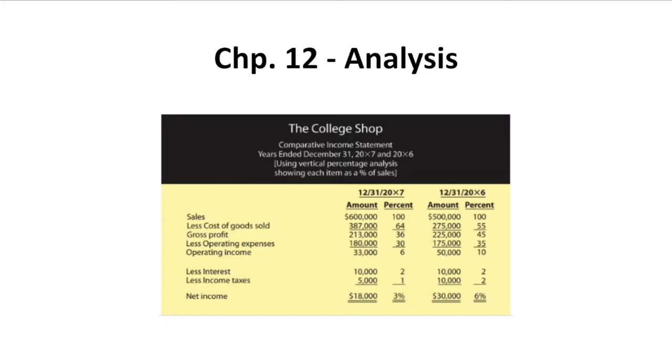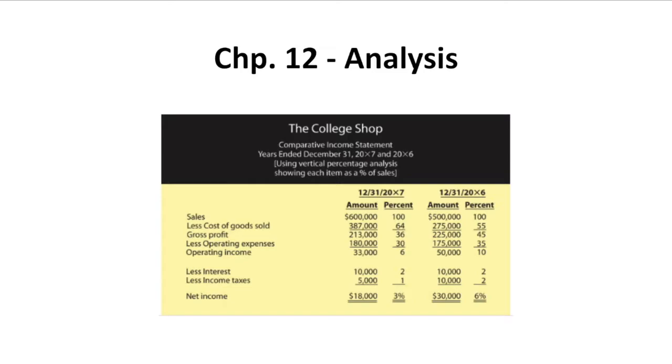And so here in the chapter, they've just done what's generally referred to as a common size income statement, where they've made all of the expenses a percent of sales for 20X6 and 20X7, and they have set the two years right next to each other so we can compare them.